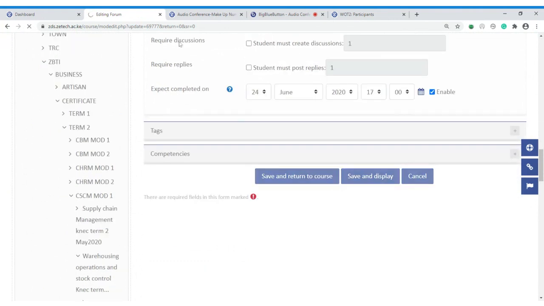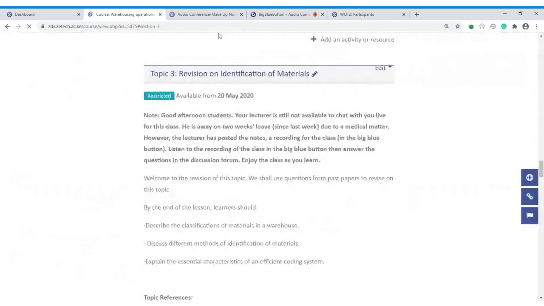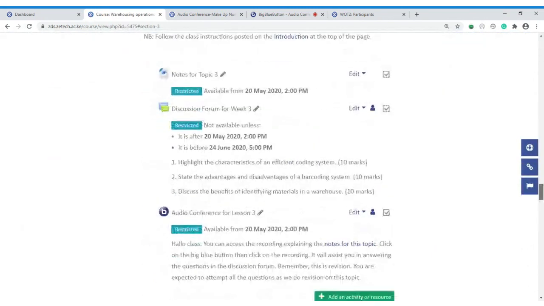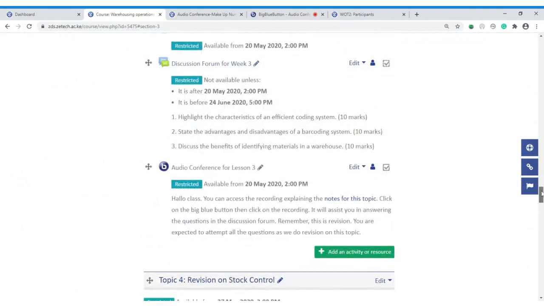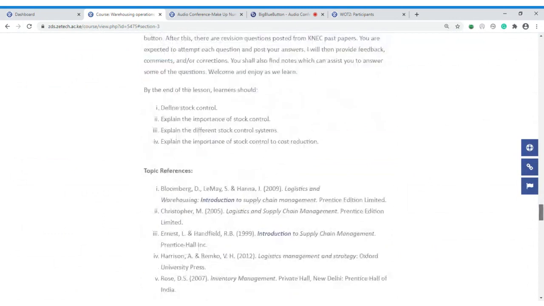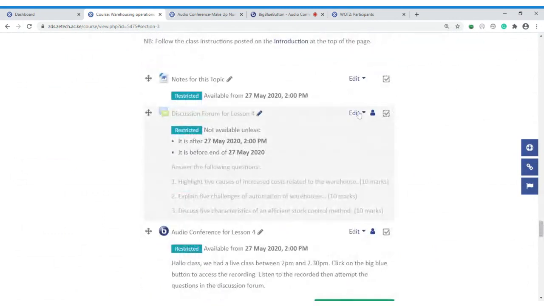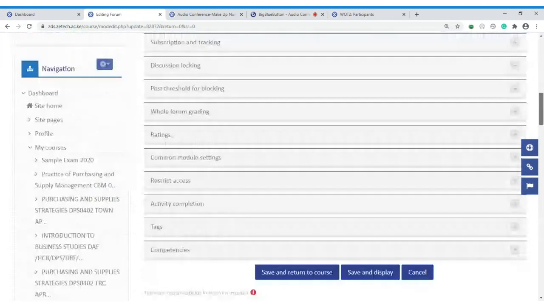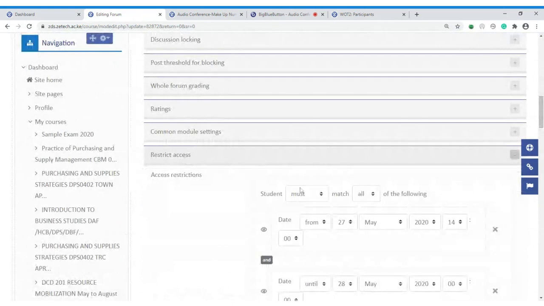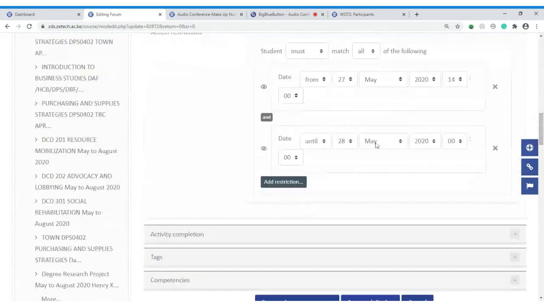So do attempt the questions in the discussion forum for topic 3, discussion forum for week 3, and discussion forum for week 4, revision on stock control. Another thing we agreed is that we are doing these questions from our minds.